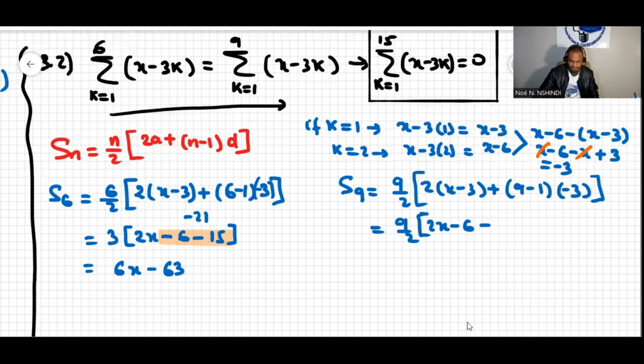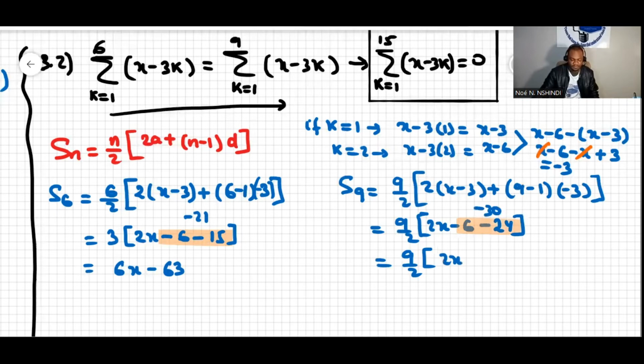So this will be 9 over 2 times 2x minus 6 minus 24. This sum here makes negative 30.